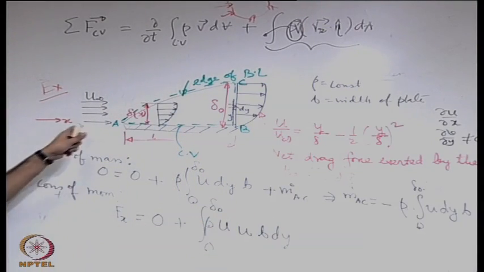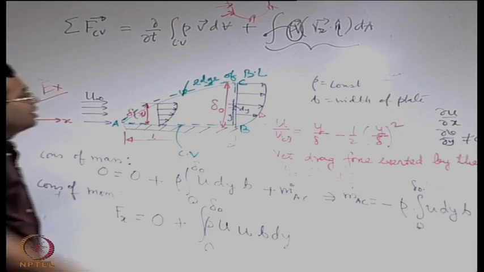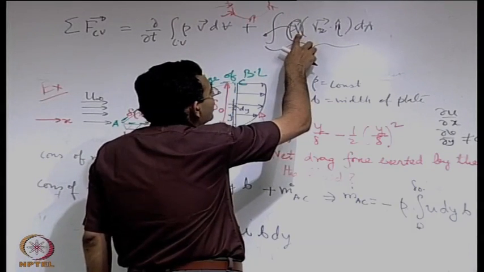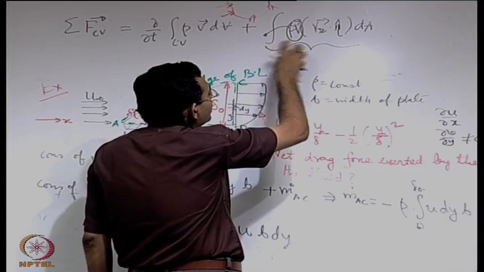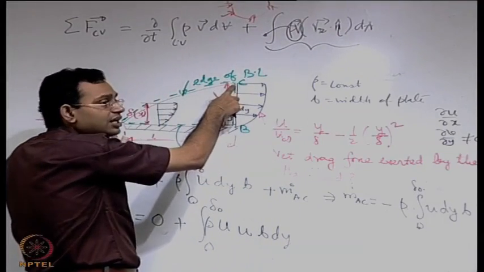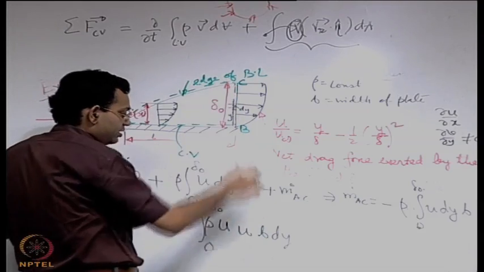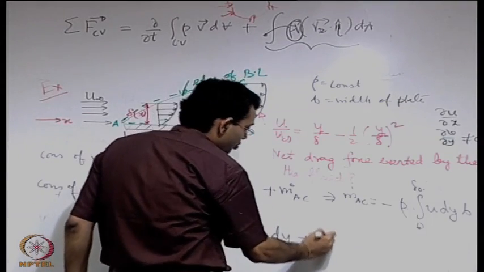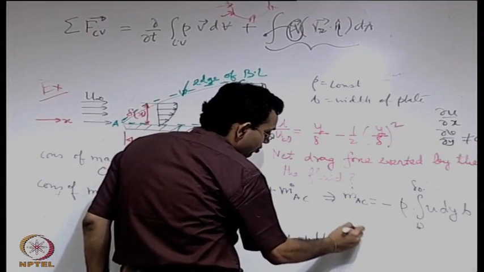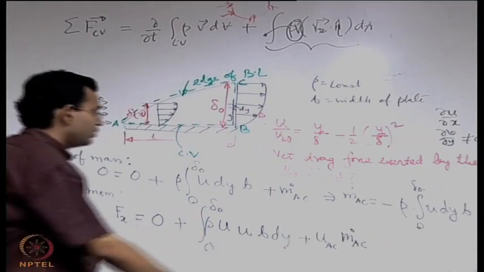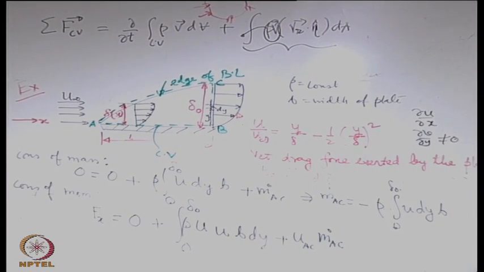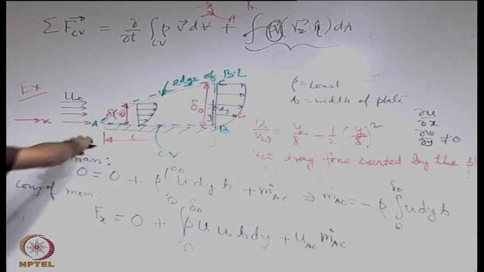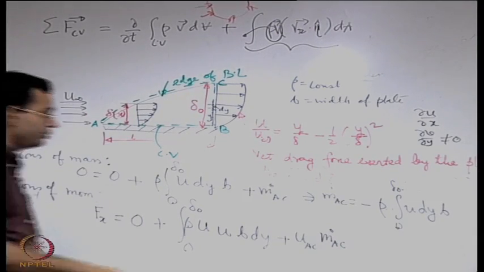Then you also have the term for AC. For AC, if you take rho as uniform and v as uniform and take them out of the integral, then the remaining term inside over AC is the mass flow rate across AC. So it is nothing but plus u over AC into the mass flow rate over AC. What is u over AC? U infinity, because AC is the edge of the boundary layer at which u becomes equal to u infinity.